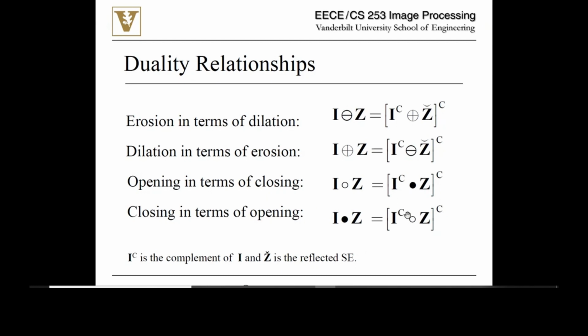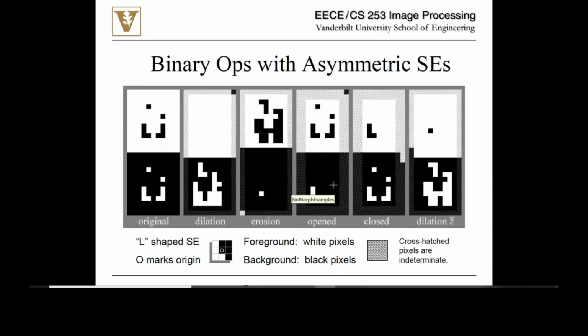So these are the equivalent of the De Morgan laws for the erosion and for the opening and closing. And here is an example with asymmetric structuring elements that are less common, but in some applications they are useful. And they're certainly useful to understand what is happening.